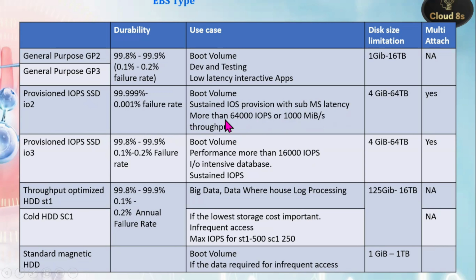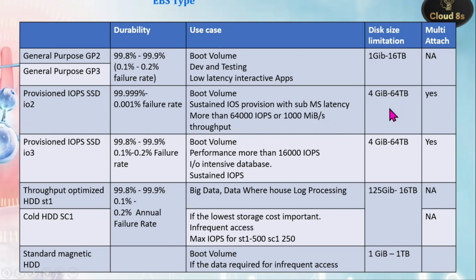One more thing to note: using IO2, we can get more than 64,000 IOPS or 1,000 MB per second throughput. So if you need highly demanding input output operations, along with throughput, we can go with IO2. That will help us.